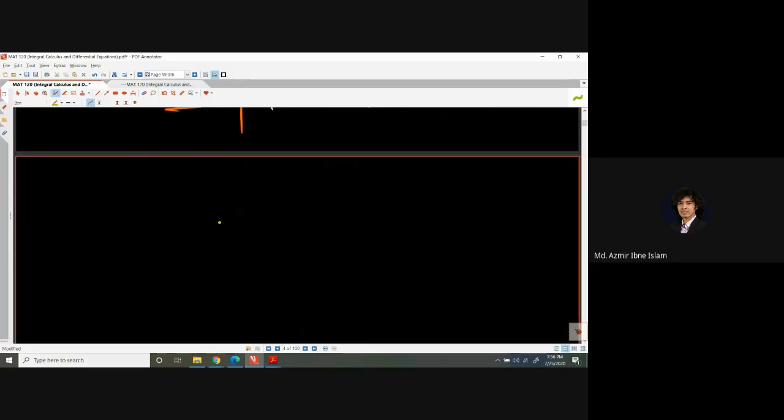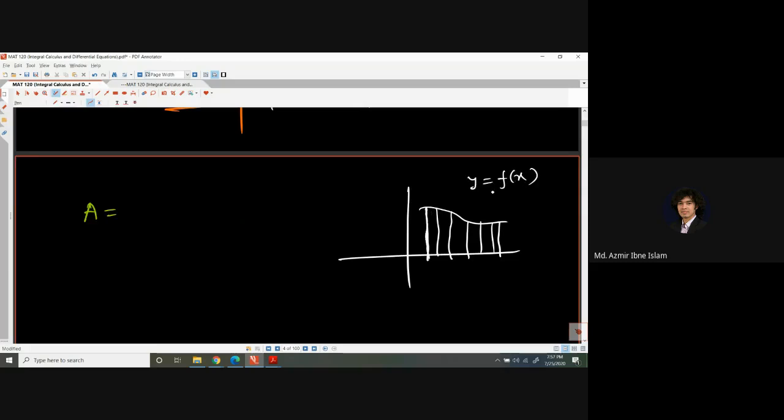So now, just to find the area of that curve, I'm again drawing the same thing here. So we have so many rectangles. If you know that y equals f of x, so this is y, that means the f of x part, this is acting as the height.